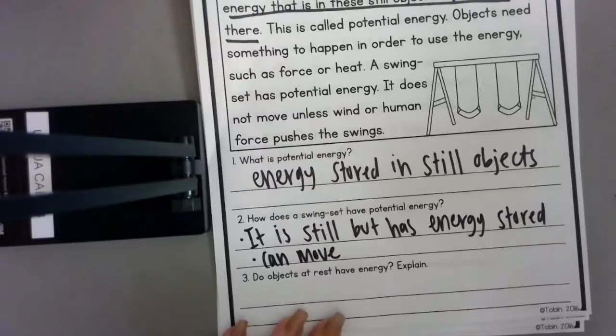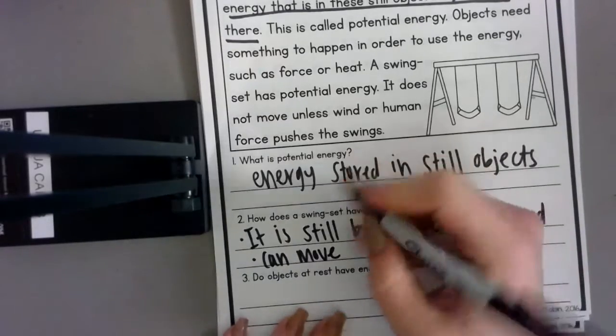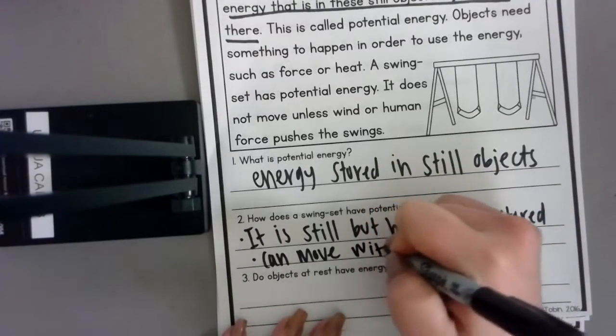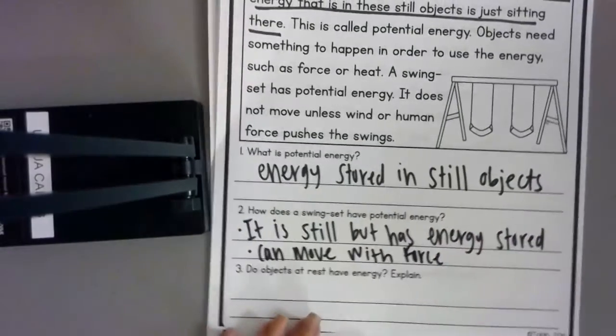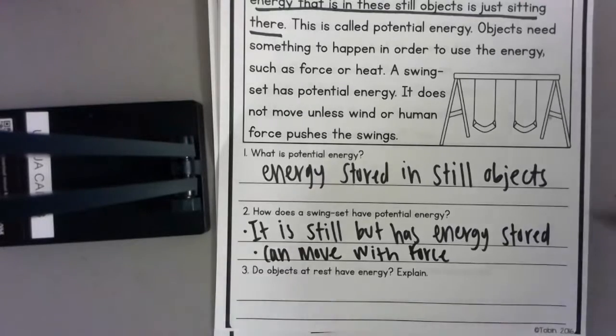Oop, I'm not being a good example. Can move with force. So we're saying that there's energy inside of the swing set waiting to be unlocked or let go, but there has to be some sort of force that makes it move.